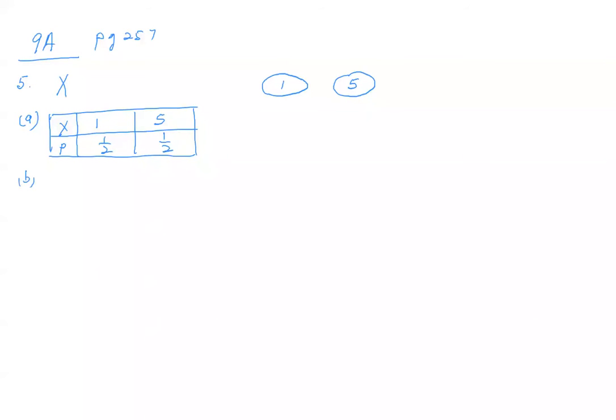If you want to find the mean for X, you can either use your GC or use the formula, sum of x_i p_i. It's more important to write this down than to write the formula. Writing the formula only, no mark will be given. So the answer is 3. Then you want to find the standard deviation for X. It's the square root of.